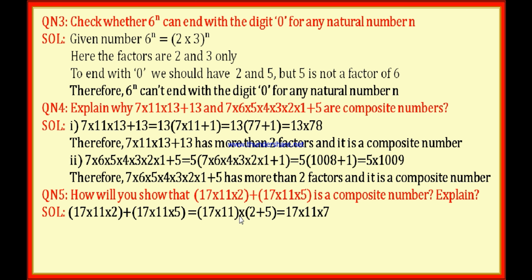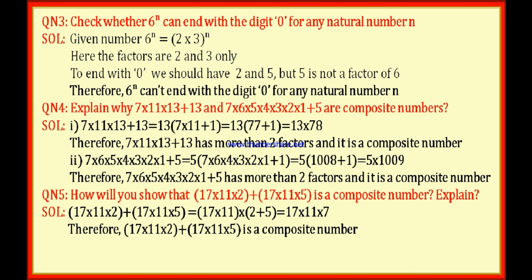Therefore it is 17 into 11 into (2 plus 5). 17 into 11 into 7. Therefore the given number is written as 17 into 11 into 7. For this, 1 is a factor, 7 is a factor, 11 is a factor, 17 is a factor. How many factors? Good. There are more than 2 factors. Since the given number has more than 2 factors, it is a composite number.